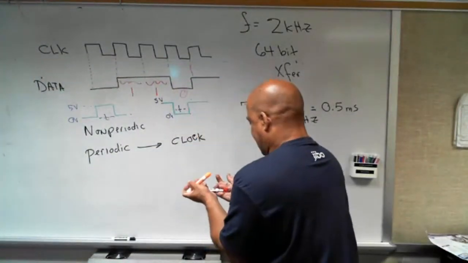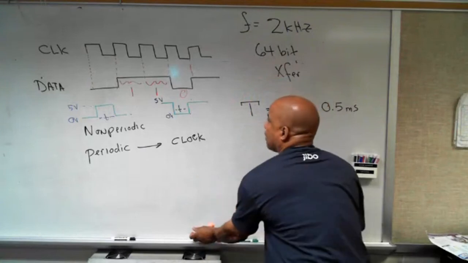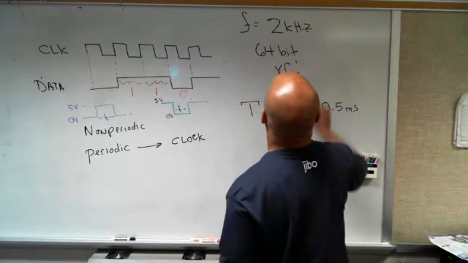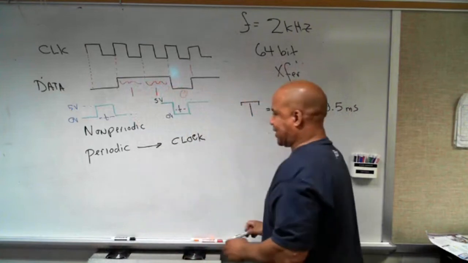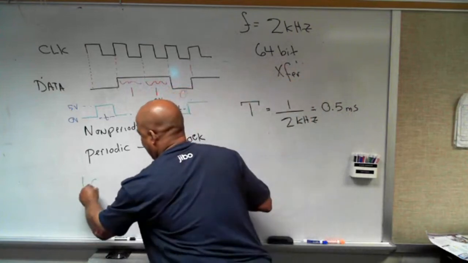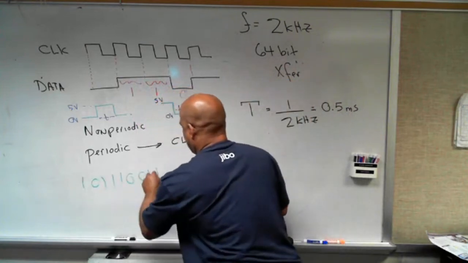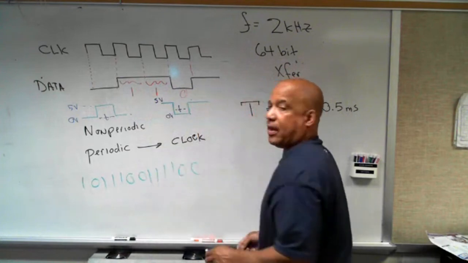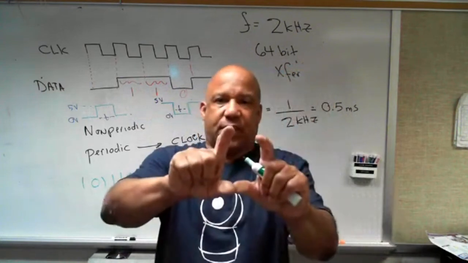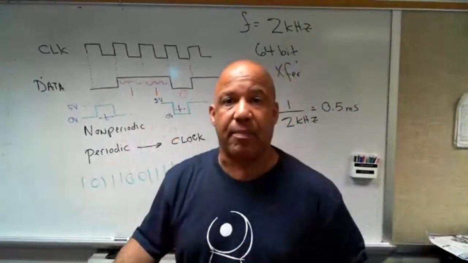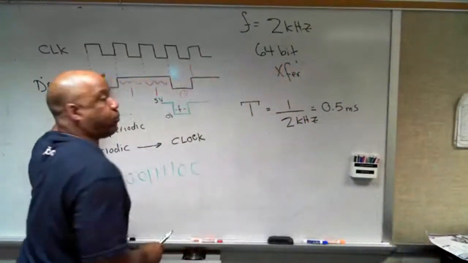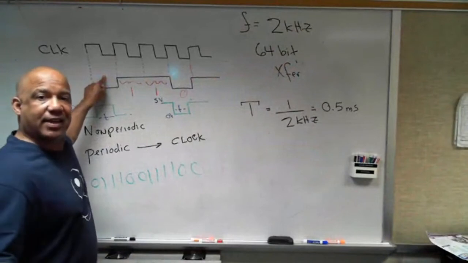If you're sending it serially, and you've got 64 bits, I'm just going to make up some bits. I'm not going to draw 64 of them. If you're sending those bits down the wire using this signal, 1 bit at a time, each bit takes 0.5 milliseconds to send.